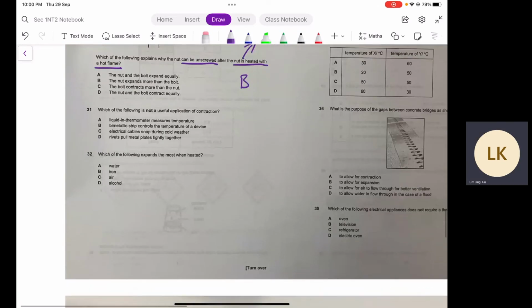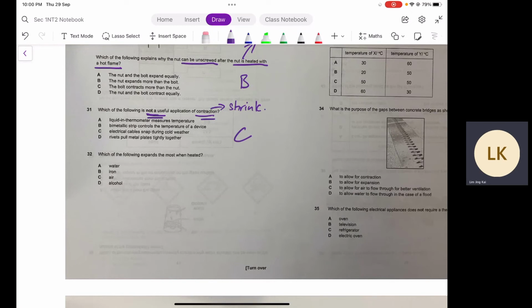Question 31. Which of the following is not a useful application of contraction? Contraction means to shrink. If you look at all the answers, I want something that is not useful. C would be the answer. Why?